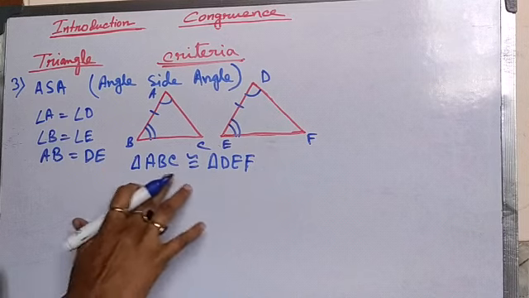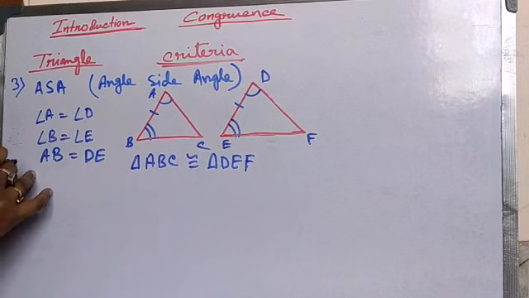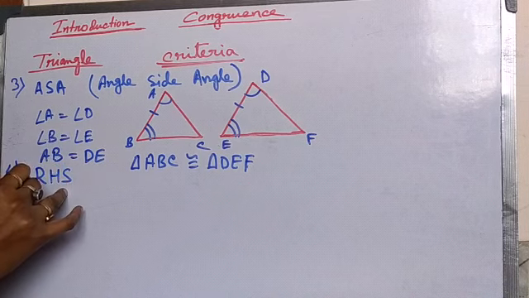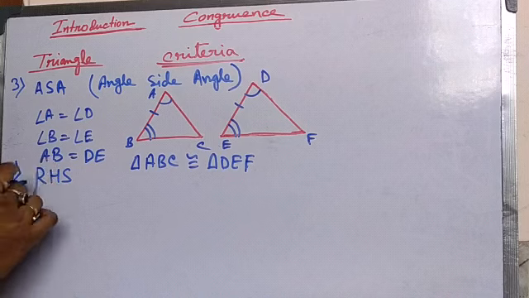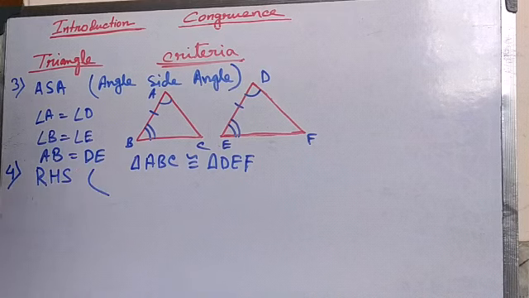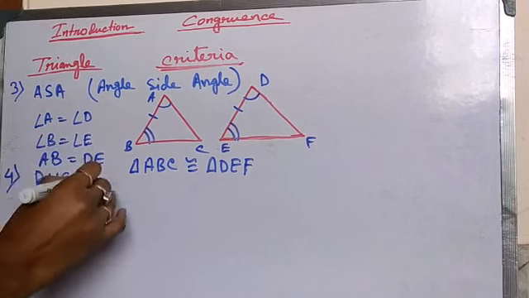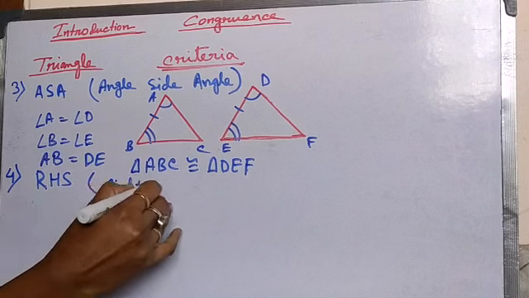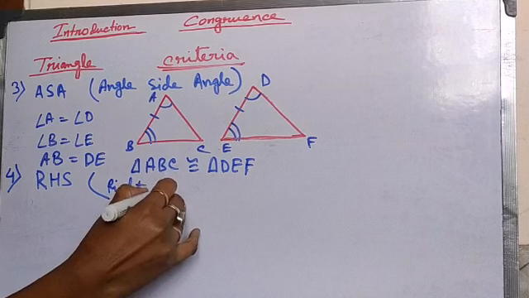Let's come to the next criterion, RHS. R means right angle. H means hypotenuse.